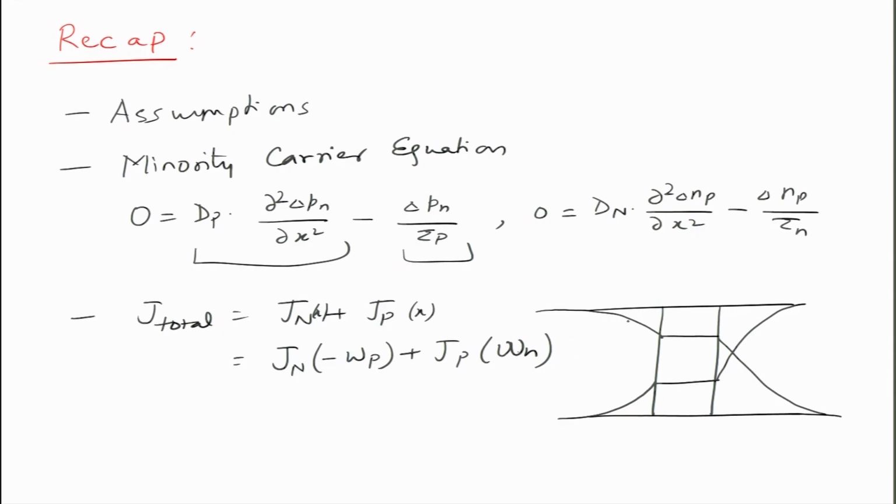So if this is the p side, this is the n side, this would be the hole current Jp, and this would be the electron current Jn.